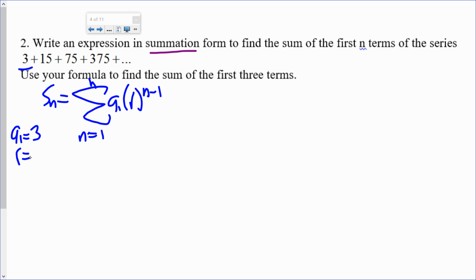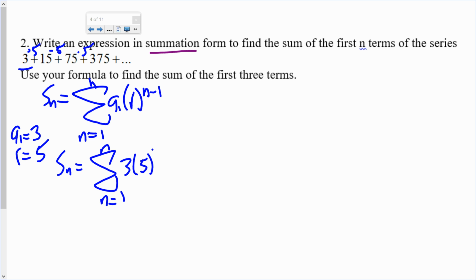R is the common ratio. What am I multiplying 3 by to get to 15? 5. R is 5. So Sn equals the sum from n equals 1 to n. A1 is 3. R is 5 to the n minus 1.